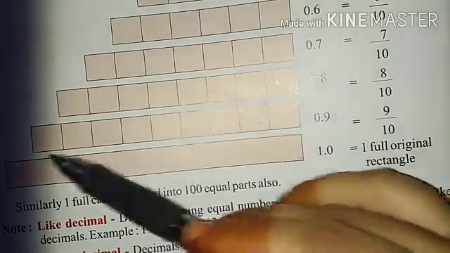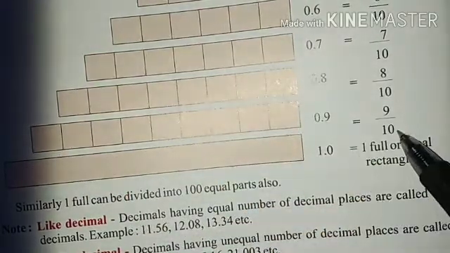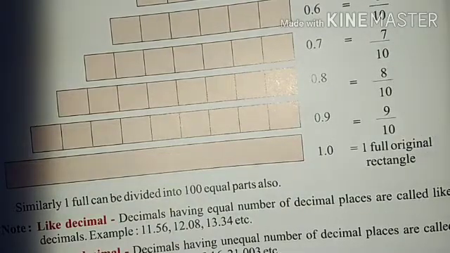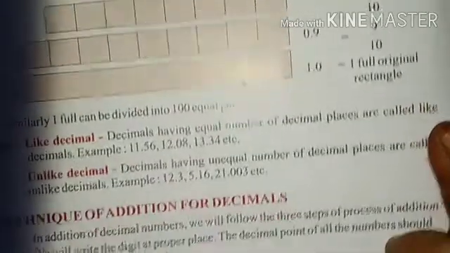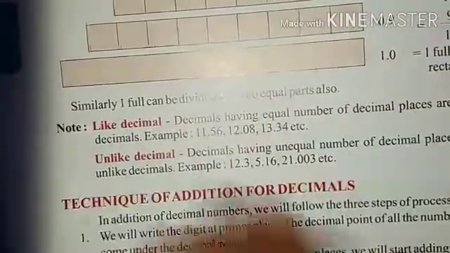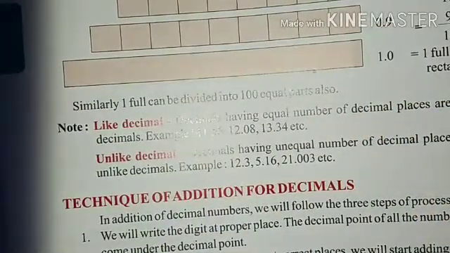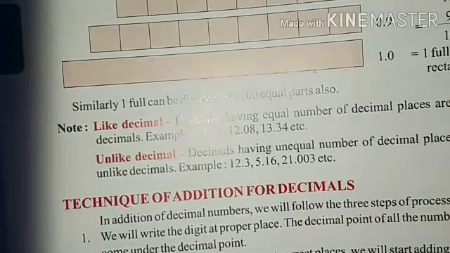Then if we take 9 parts, it becomes 9 by 10. When we take 8 parts, we write 8 by 10. As I have told, we can also divide the rectangle into 100 parts, and then we write 9 by 100, 8 by 100, 99 by 100.